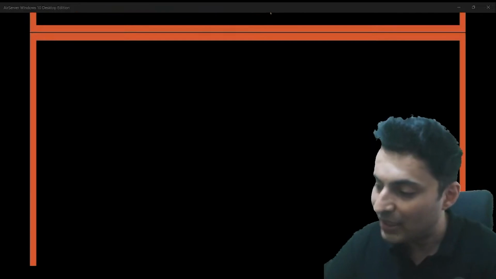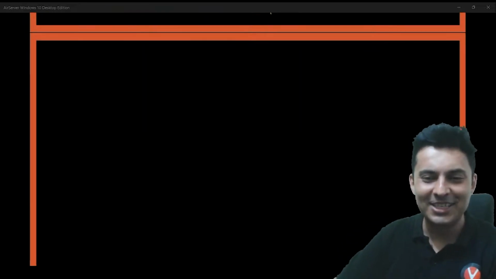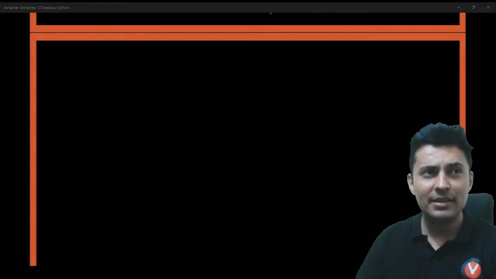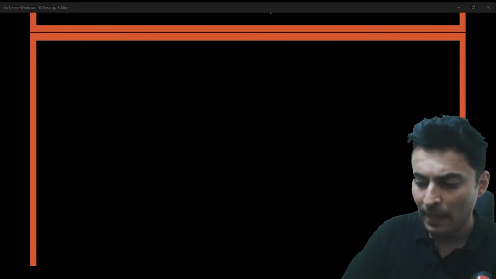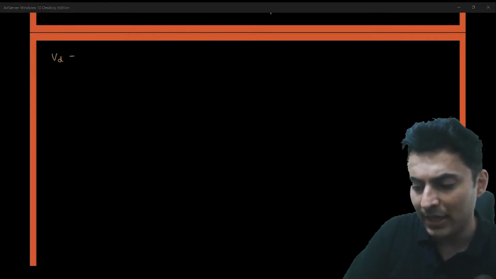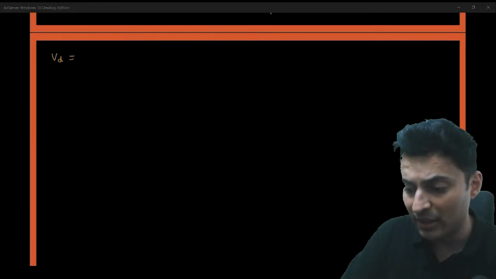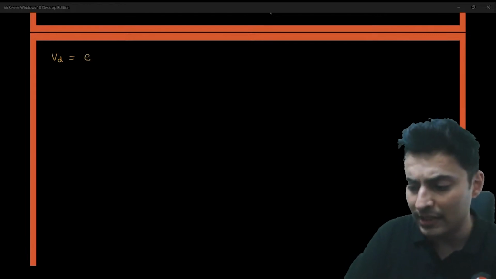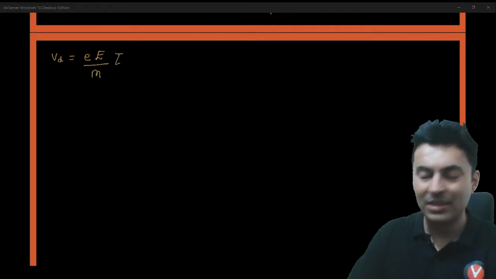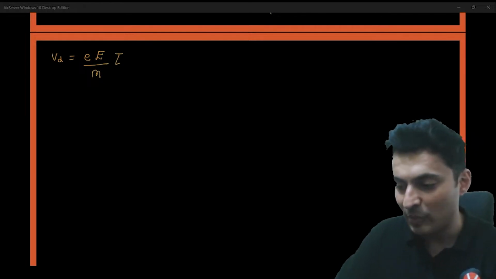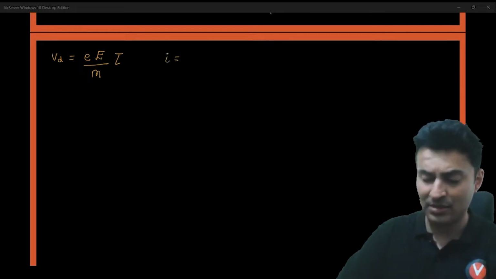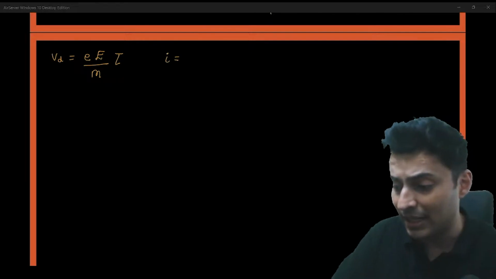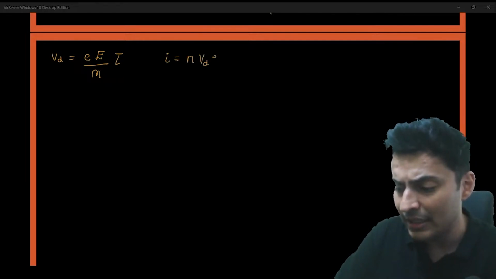Now, you might also get questions with regards to drift speed and its variations with respect to other quantities. For example, you might get drift speed variation with the relaxation time. The formula for drift speed in terms of relaxation time is eEτ/m. This is how it looks. Or sometimes you might be given drift speed in terms of other quantities like current. The formula for the relation of drift speed with current is I = nAevd.